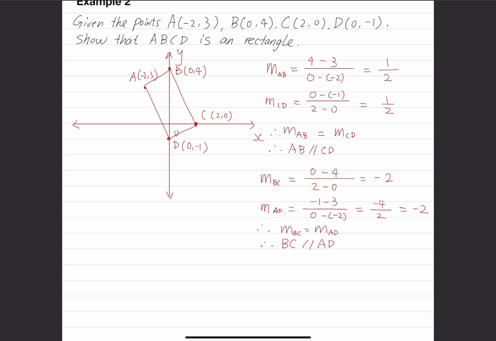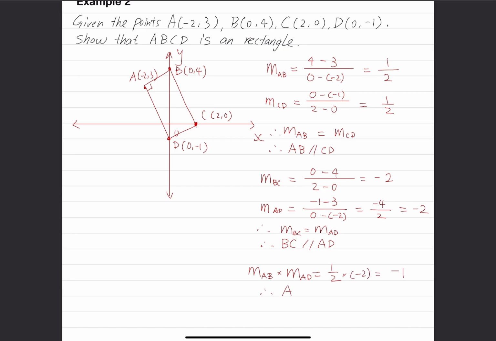Now we're going to further prove that AB and AD are perpendicular. So how are we going to prove these two lines are perpendicular? Again, find MAB. So MAB times MAD, which is half times -2, equals -1.